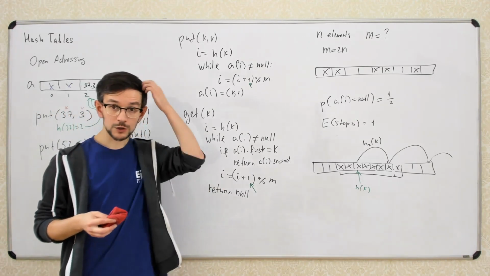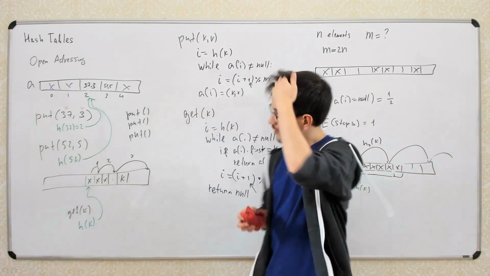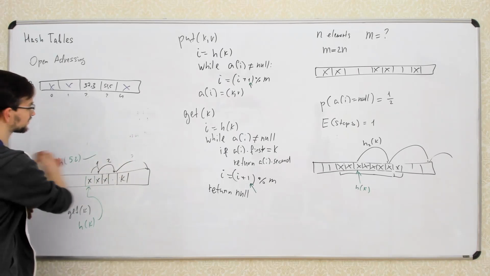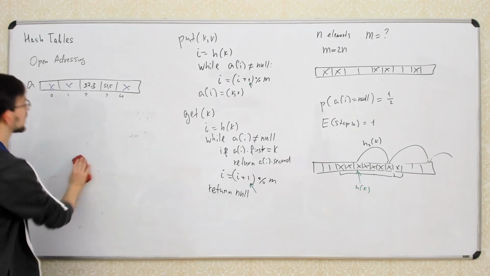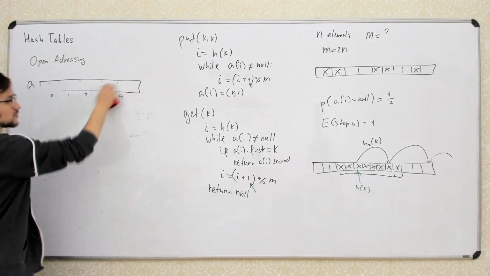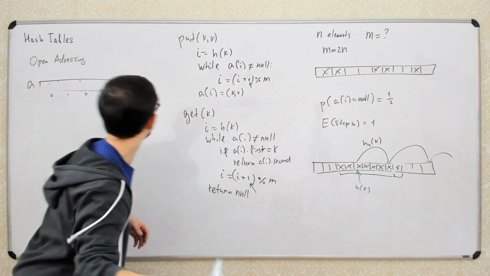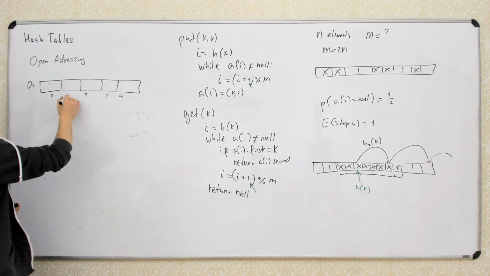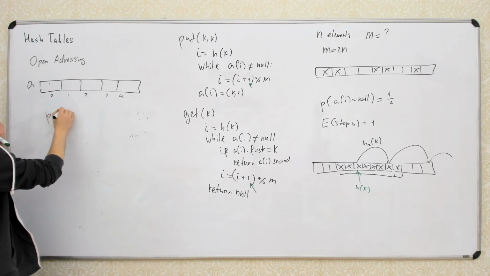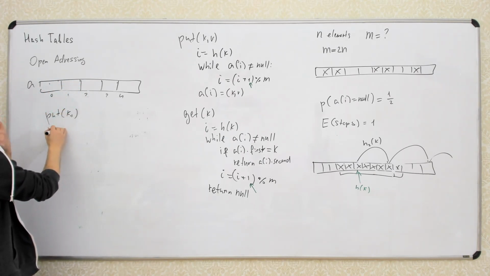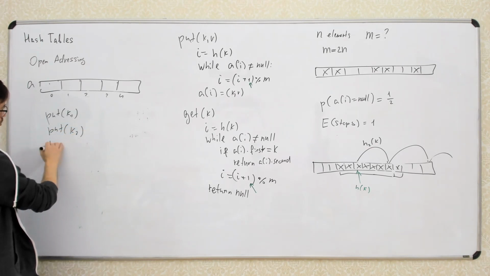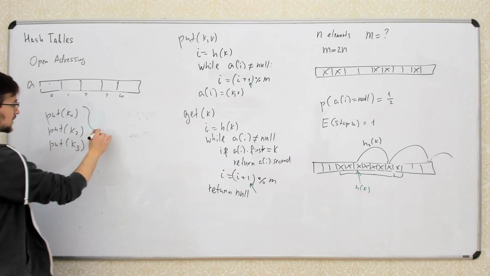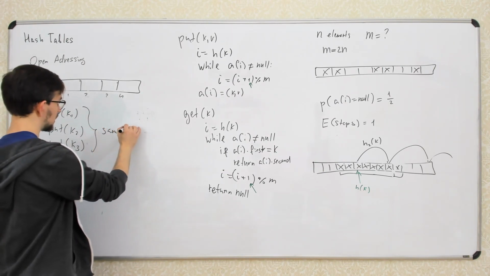What can you do? So imagine you have some hash function. And someone gives you some operations. You put some k1, put k2, put k3, and so on. And they all have the same value of h.